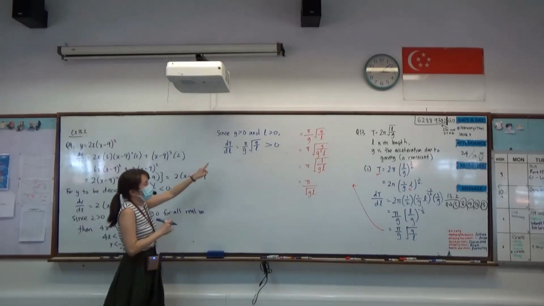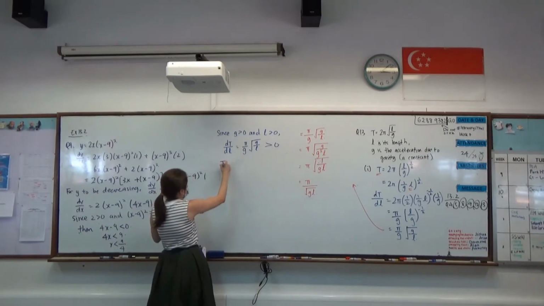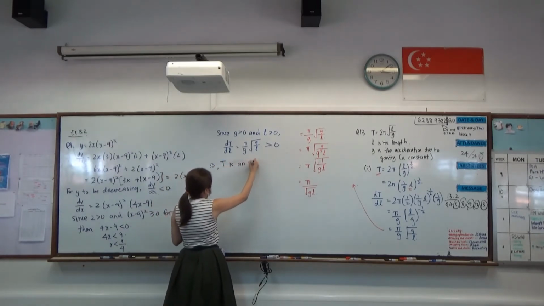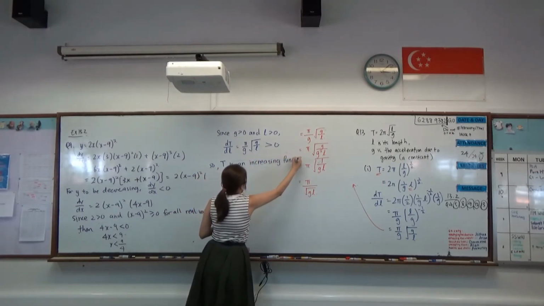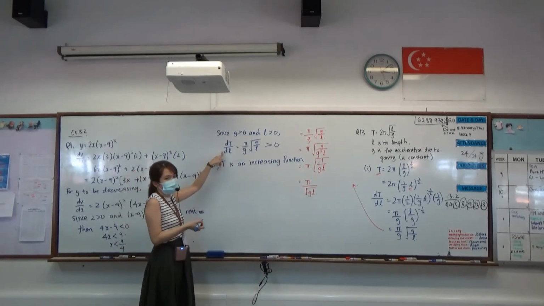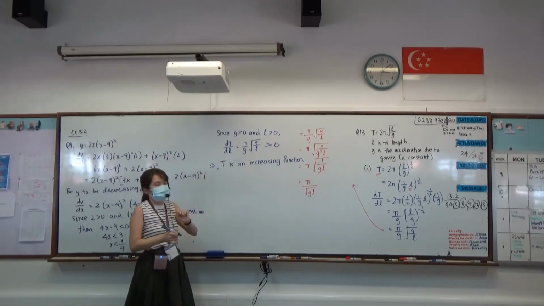Since your derivative is more than 0, that means that T is an increasing function. Take note that it is T that is increasing, not dT over dL decreasing. dT over dL just justifies that T is increasing.